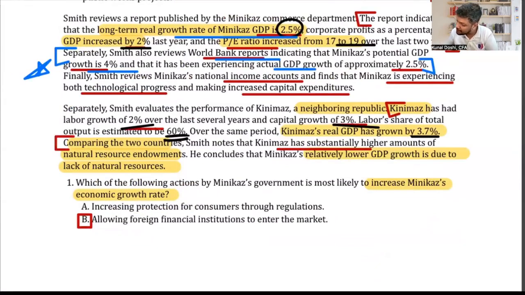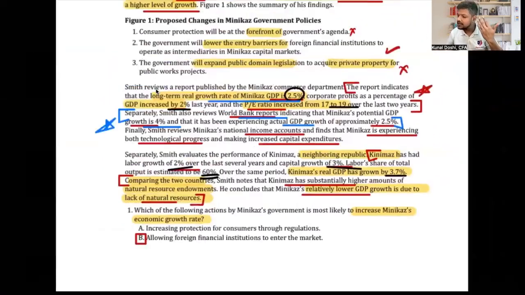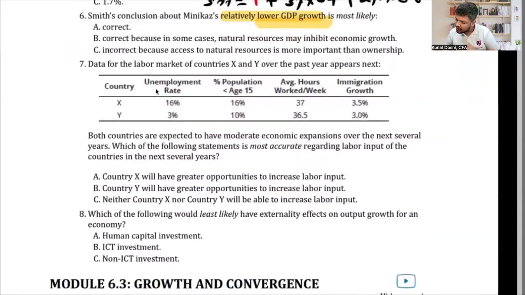He concludes that Minica's relatively lower GDP growth rate is due to lack of natural resources. Guys, we discussed that having low natural resources does not mean your economic growth will be low. It is the access to natural resources that is more important, isn't it? So let us see the conclusion.